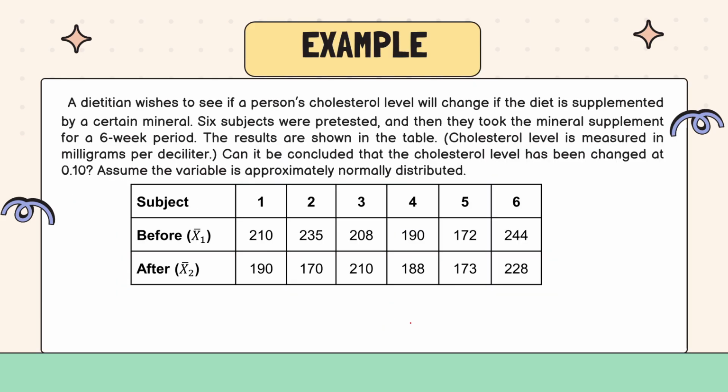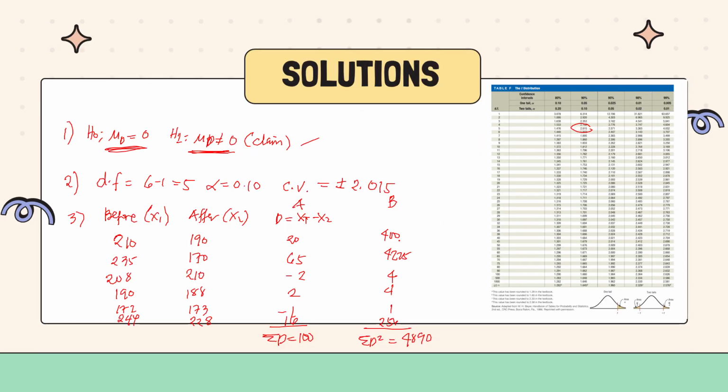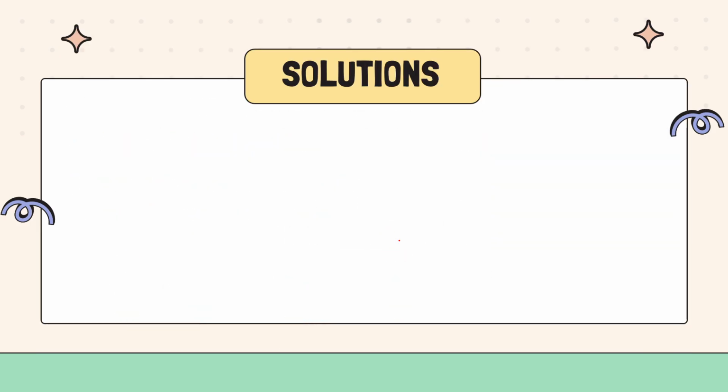So what we are going to do in the formula is find the d bar and SD. So this is the formula. First we need to find the d bar. The d bar is equal to the summation of D over n.